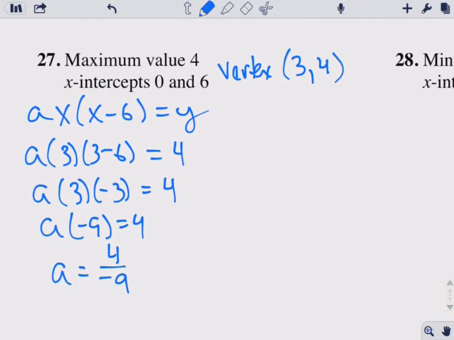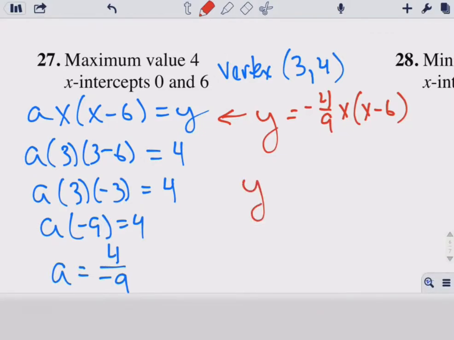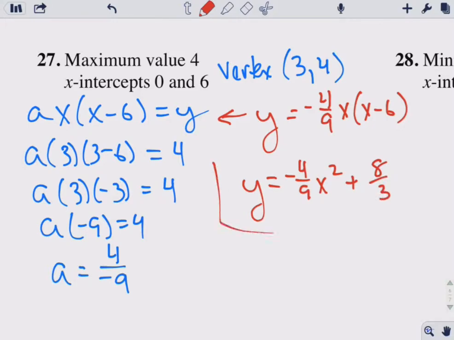Okay, well that's not extremely lovely, but we'll be able to deal with it. Y is equal to negative 4 ninths x times x minus 6. Distribute it. Y is equal to negative 4 ninths x squared plus 8 thirds x.